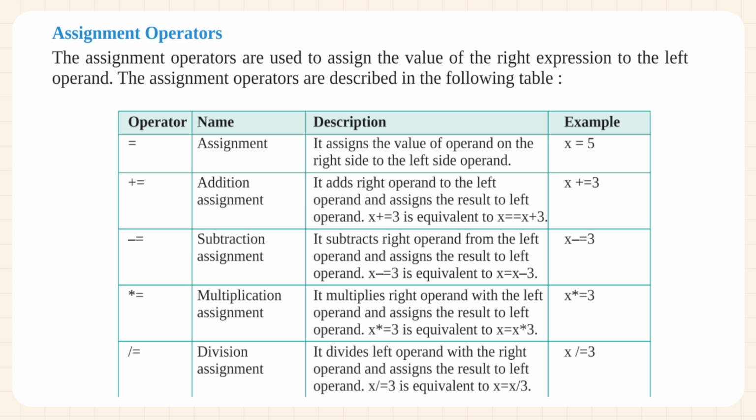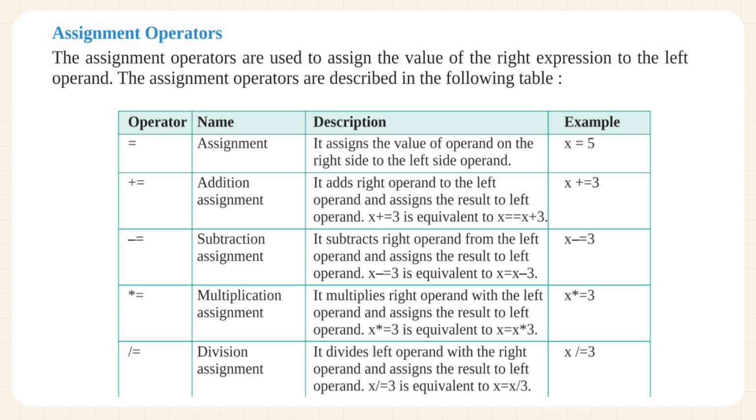Assignment operators. The assignment operators are used to assign the value of the right expression to the left operand. The assignment operators are described in the following table. Operator, name, description, example. Equals, assignment.